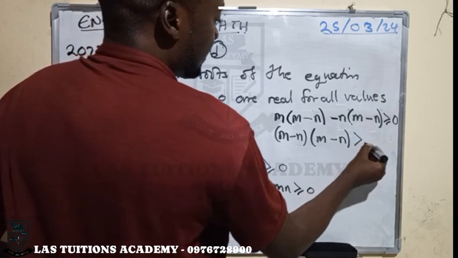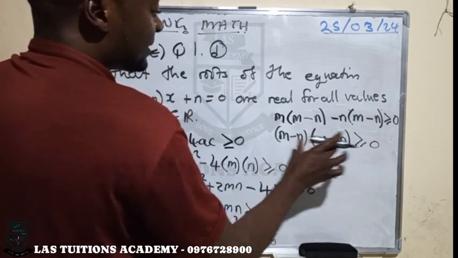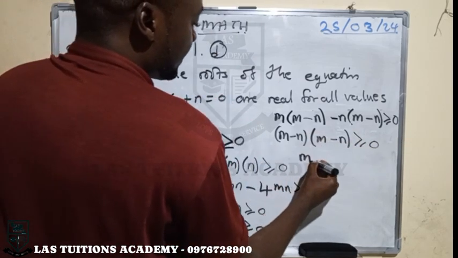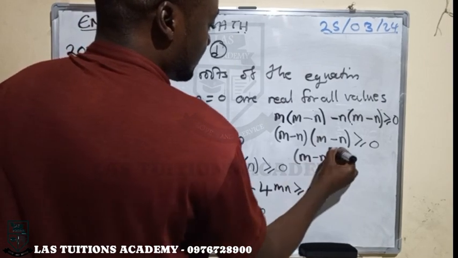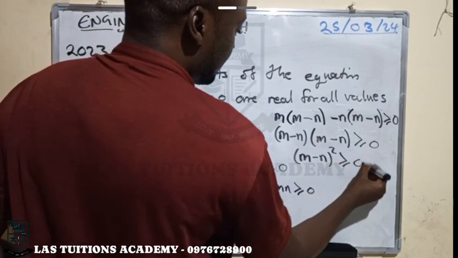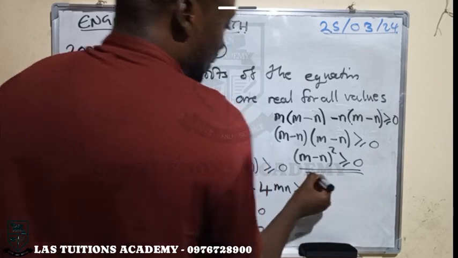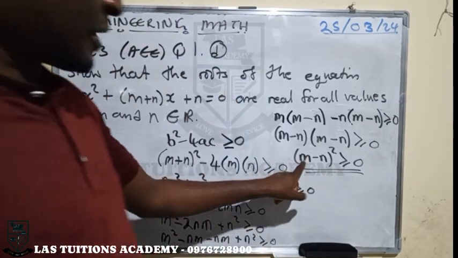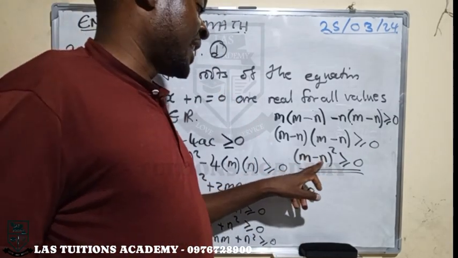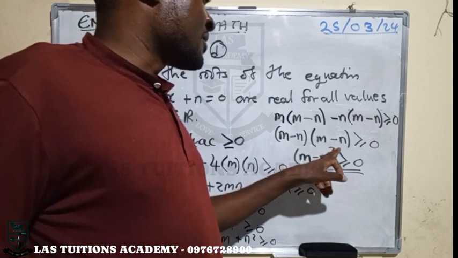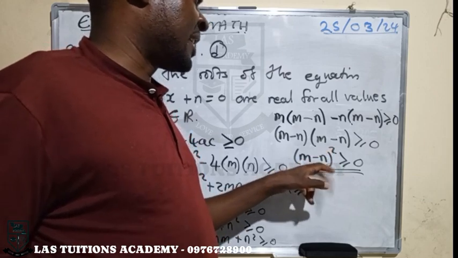So m minus n times m minus n gives us m minus n squared greater than or equal to 0. Whatever value of m and whatever value of n we have, as long as we have the square outside there, it will always be greater than or equal to 0.